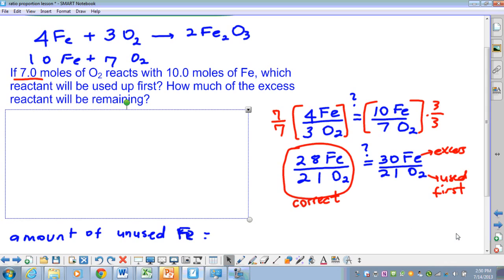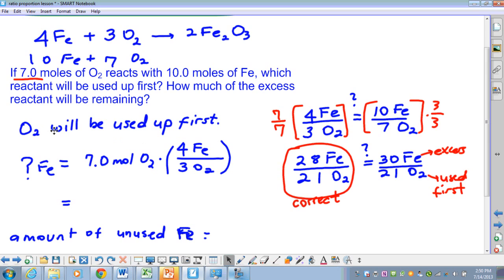We know our limiting reactant is oxygen, so we're going to begin with that given amount of oxygen to determine how much iron can go into reaction with that given limited amount of oxygen. So we had 7.0 moles of O2. Again, we know O2 will be used up first. We're trying to figure out how much iron will actually go into reaction with the limited amount, 7.0 moles of O2.